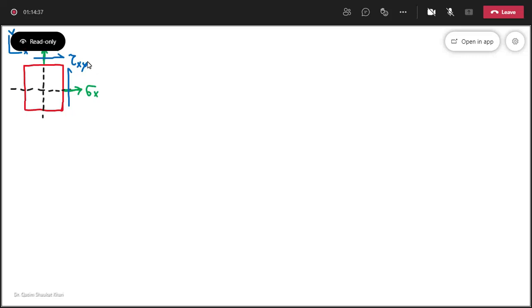This done. Now I cut the axis somewhere like this. So this is my new y-axis. And 90 degrees to this will be your x-axis. The x-axis will be somewhere here like this. Now let me draw this figure.